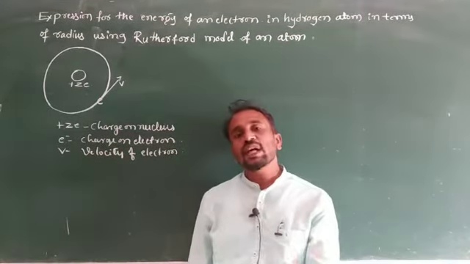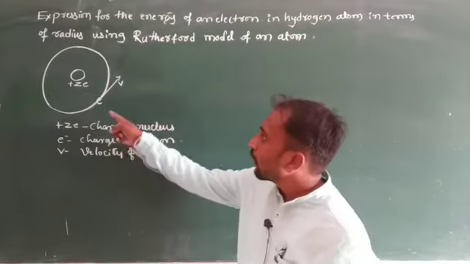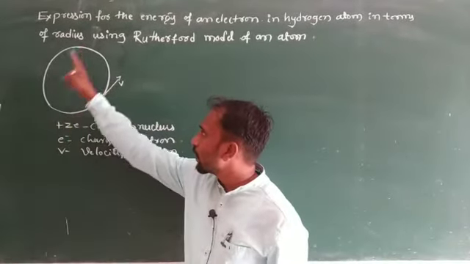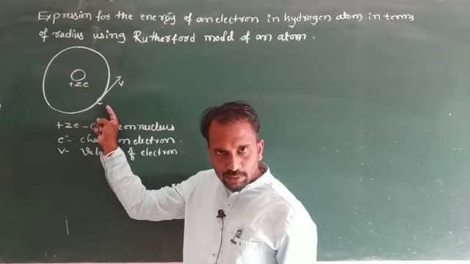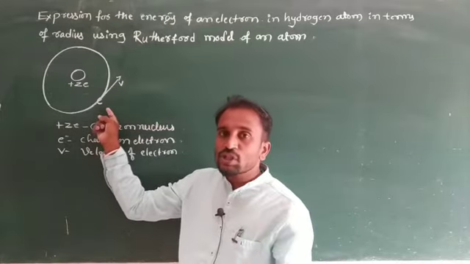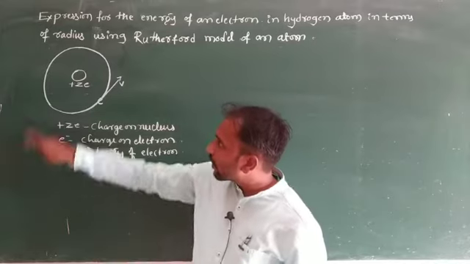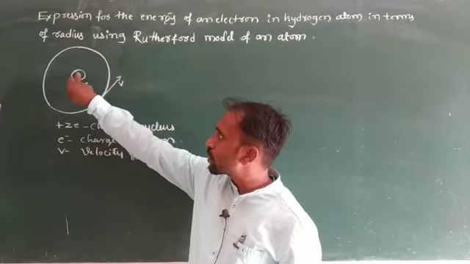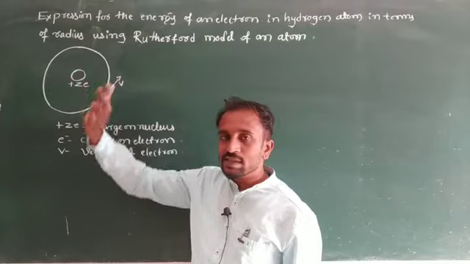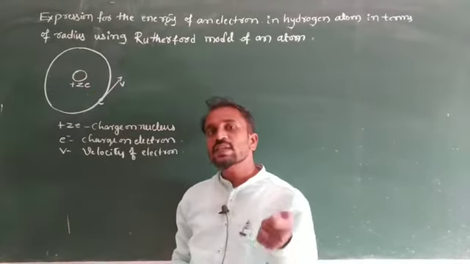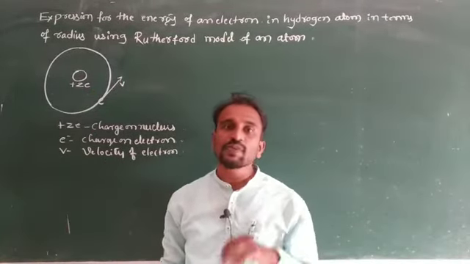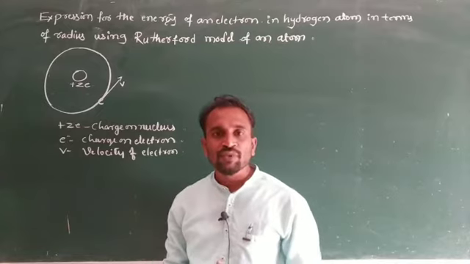Here we want to calculate the energy of an electron in a particular orbit. The electron revolves around the nucleus, so it is in motion, and due to the motion the electron has kinetic energy. The nucleus has a positive charge, so we also get electrical potential energy.